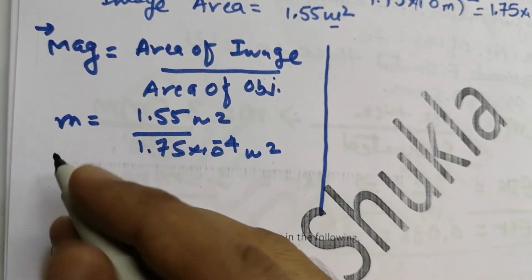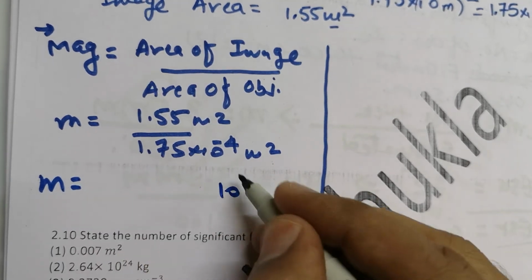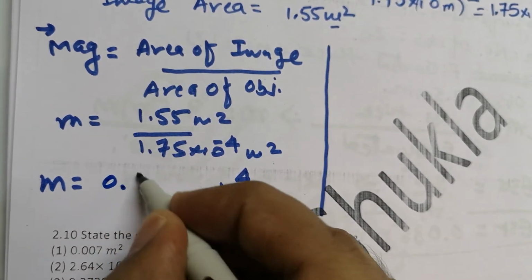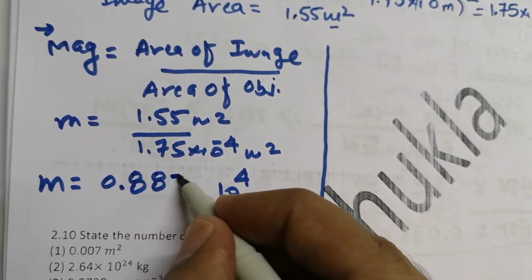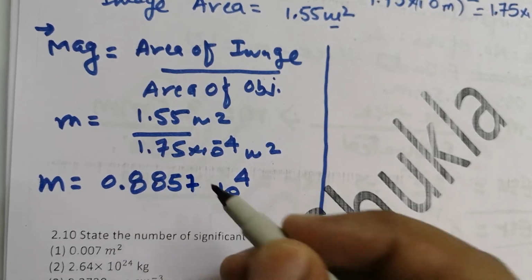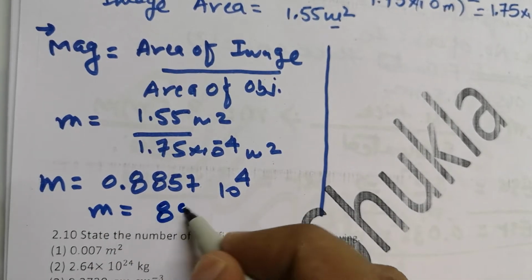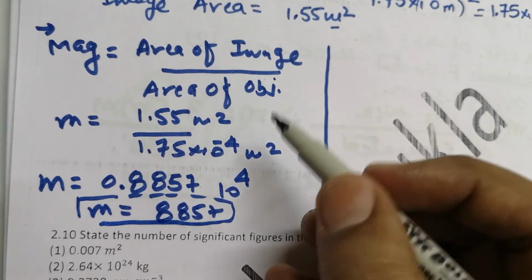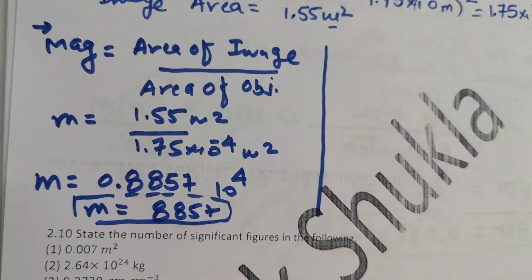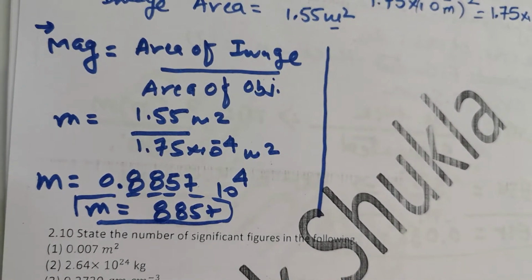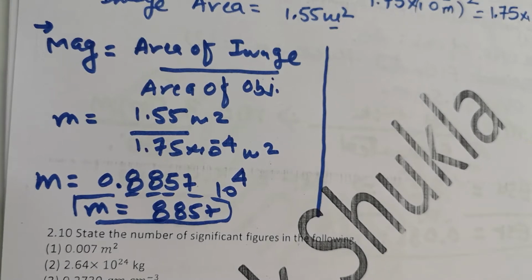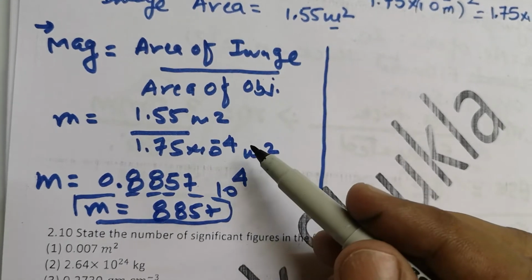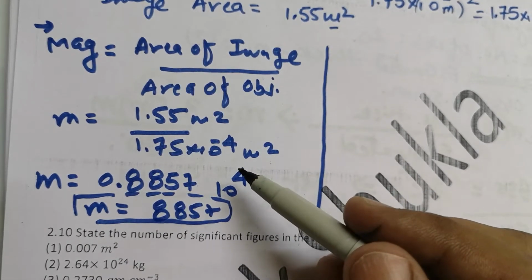Units cancel out. So 10 to the power minus 4 goes to the numerator as 10 to the power 4. So I get 0.8857 times 10 to the power 4, so my magnification is 8857. You can remember that magnification or the ratio of any physical quantity does not have any unit. This is a unitless quantity. Basically we are habitual to always give answers in terms of units, but this is actually a unitless quantity, so we are not putting any unit here.